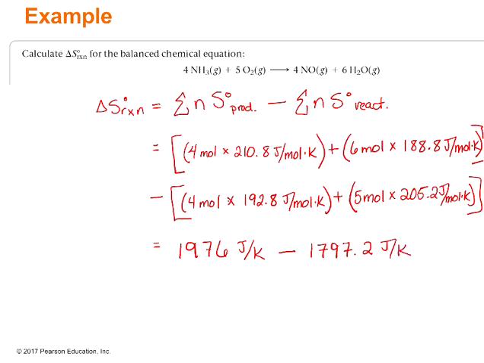Okay, so now if we subtract those two values, we should end up with 178.8 joules per Kelvin. All right. So not too bad, right? We're just kind of plugging in and calculating. Probably the hardest part is actually finding all of the standard molar entropies for these different molecules. Now, the change in entropy for this reaction is positive. And do we expect this to be positive?